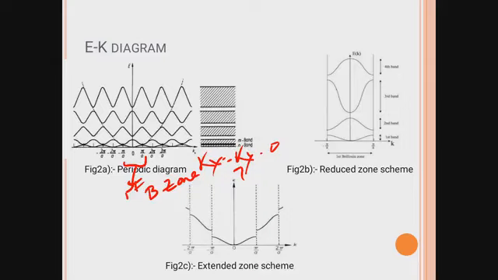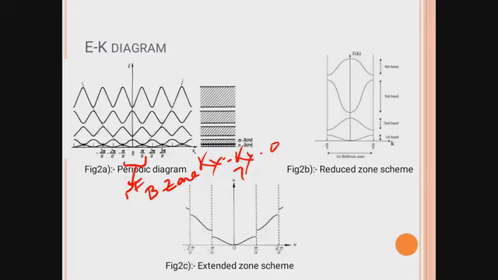This region is called the valence band because it is the highest filled of the lower energy levels, and this is the lowest energy level of the upper band, denoted by CB, the conduction band.